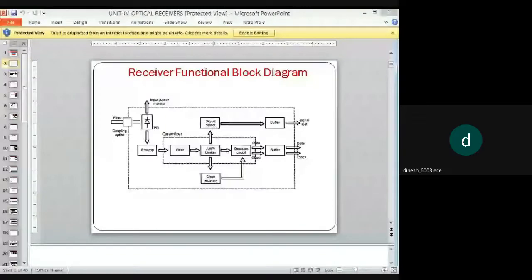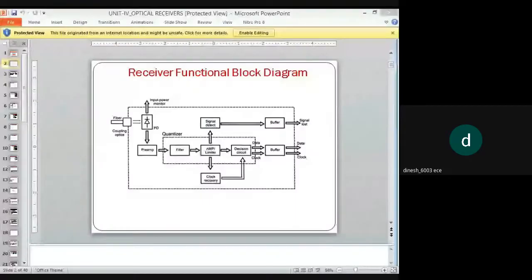It has problems of bit rate. So the quality factor lies around 6, and the probability of error is approximately 10 power minus 9.